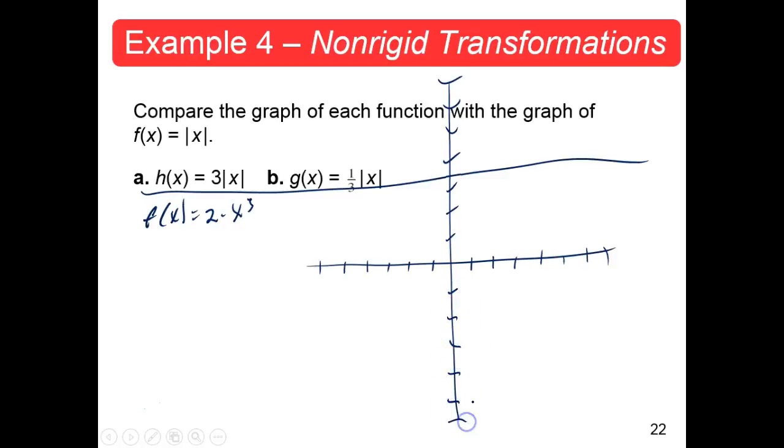Now we might need to do some preliminary things, or we can just go, how do you want to graph this function? You choose. Got a couple of choices. How would you do it? How would you graph that function?